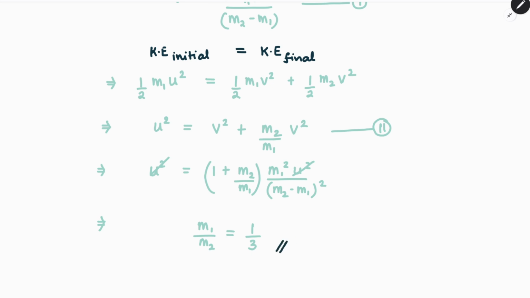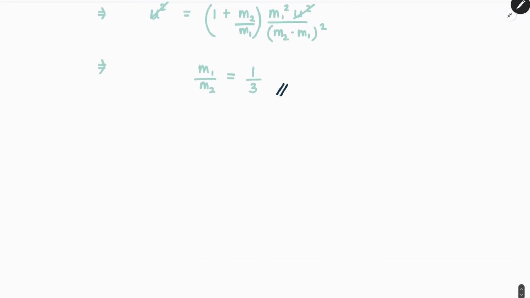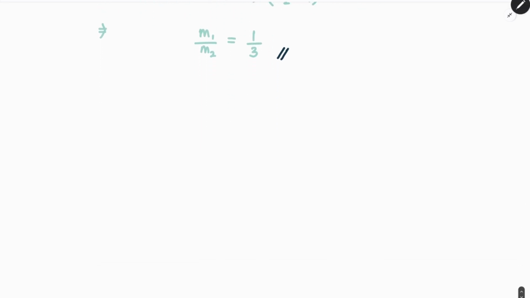Now we have the second part of this problem. It states that the particles fly apart symmetrically relative to the initial motion direction of particle 1 with the angle of divergence being 60 degrees.